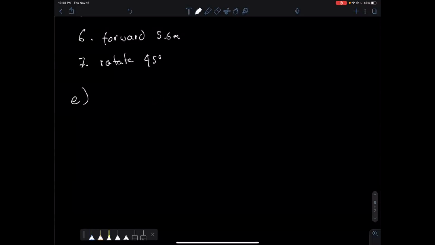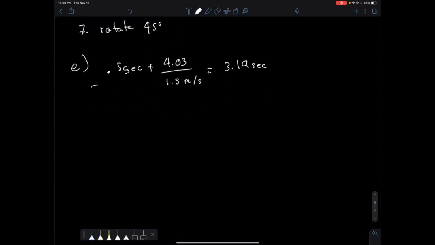There's some rotation at the start of W1, so that is going to be 0.5 seconds. Then we add that to the distance between the 2 points, which we calculated earlier. That is 4.03, divided by our speed, which is 1.5. And we get an answer of 3.19 seconds. That is for shortest path.